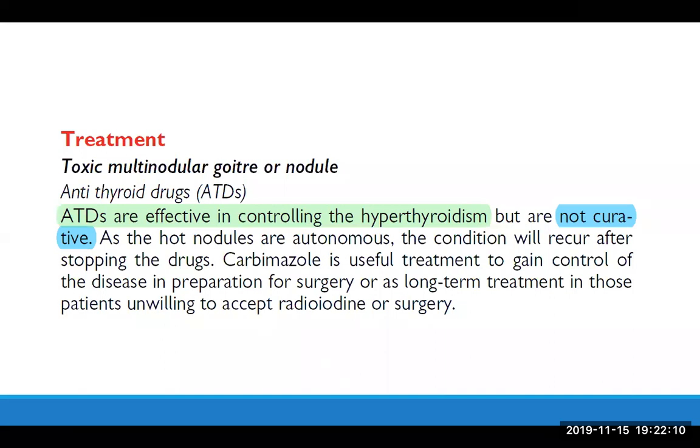Of course, for the management of toxic multinodular goiter or toxic nodule, the antithyroid drug is beneficial in controlling hyperthyroidism, but the definitive treatment of toxic multinodular goiter is radioactive iodine ablation or surgery. The antithyroid drug is just a bridge to render our patient euthyroid.